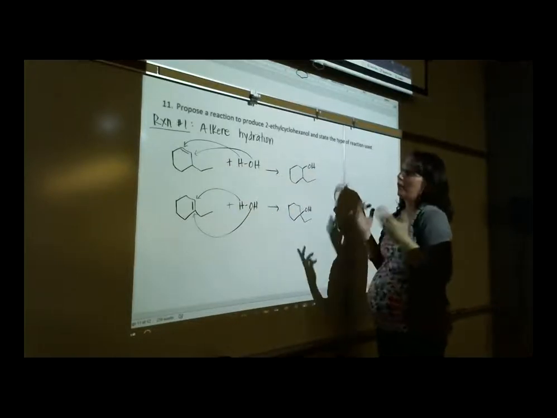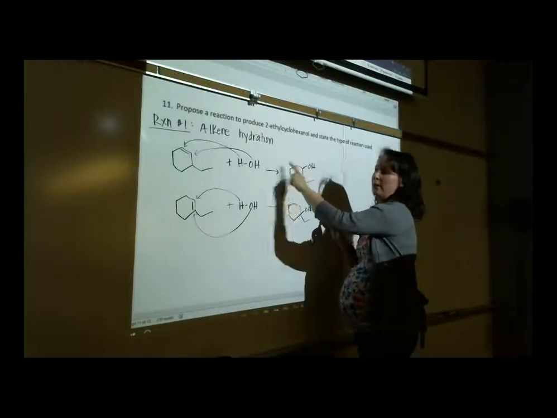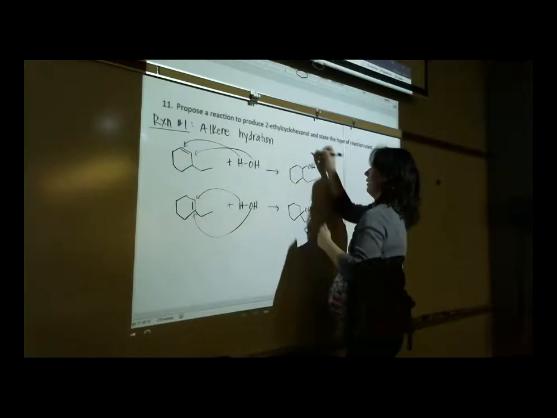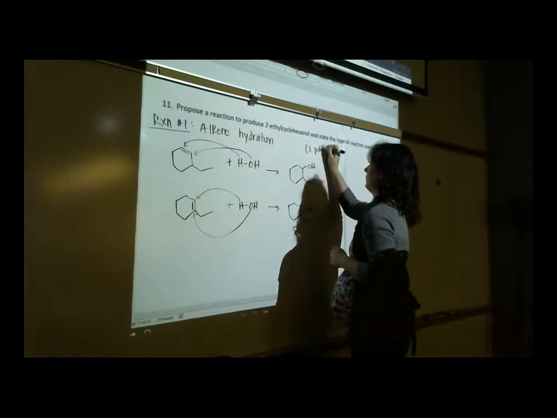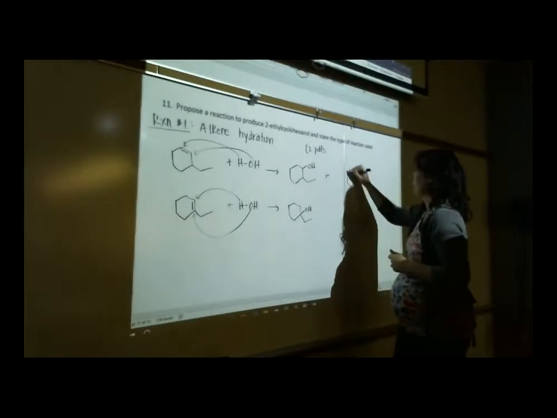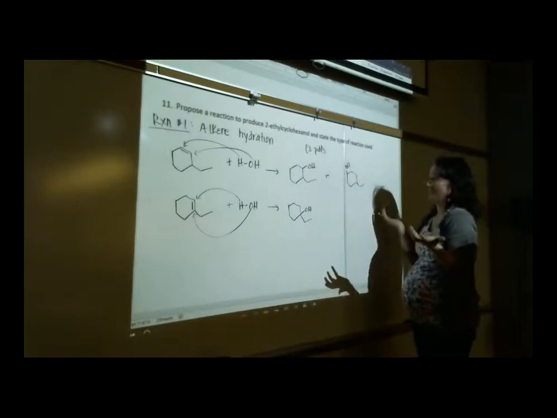Now you'll also get the other version, right? You'll get 2 products because you'll also get a version where the OH is over here. That's something you're just going to have to deal with.